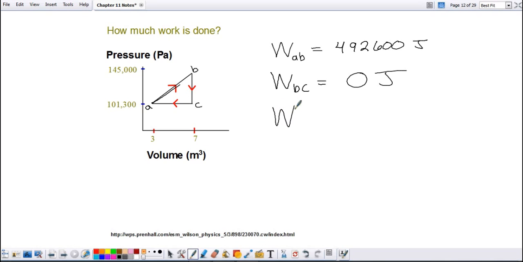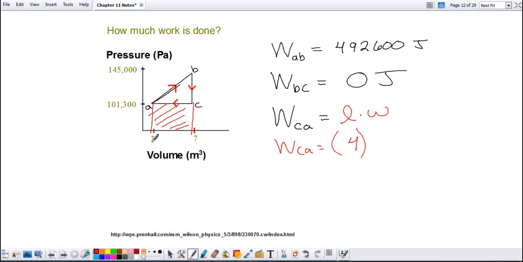The last part we need to do is the amount of work done from C to A. Well, from C to A, we need to find the area under the curve. Well, it's a rectangle. Okay, so it is length times width. So the work done from C to A is the length, from 3 to 7, which is 4. But again, we're starting at 7 and going backwards. And we always do the final minus the initial.